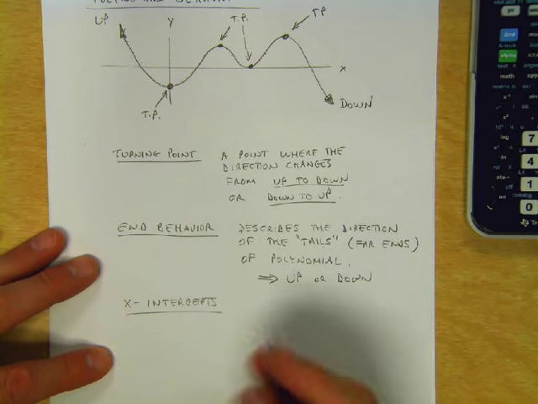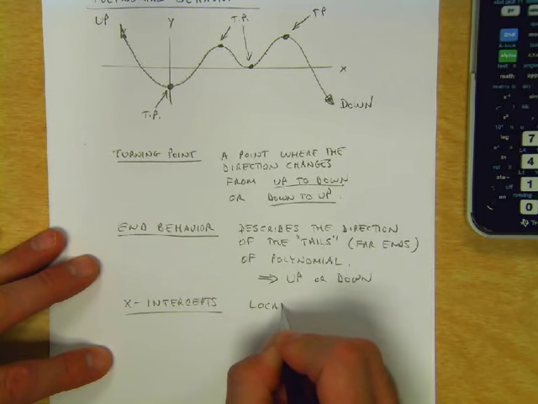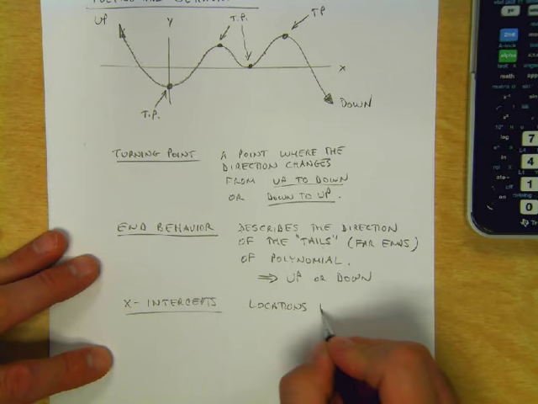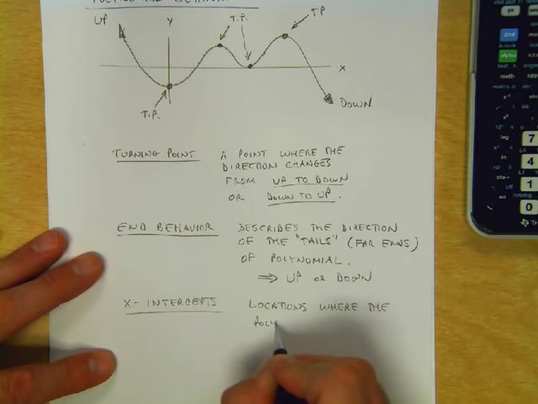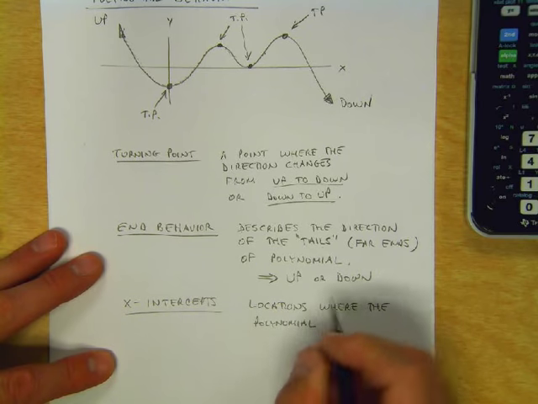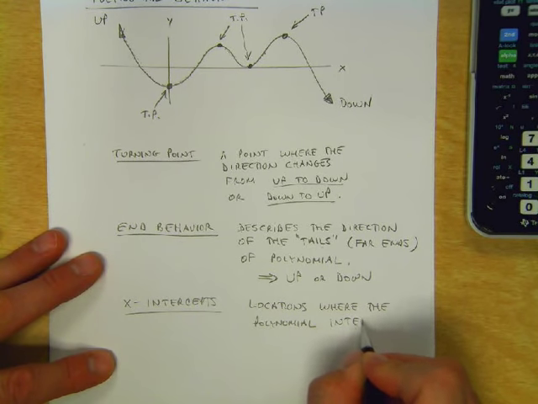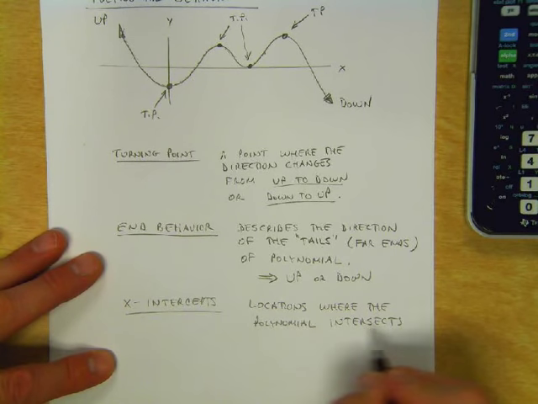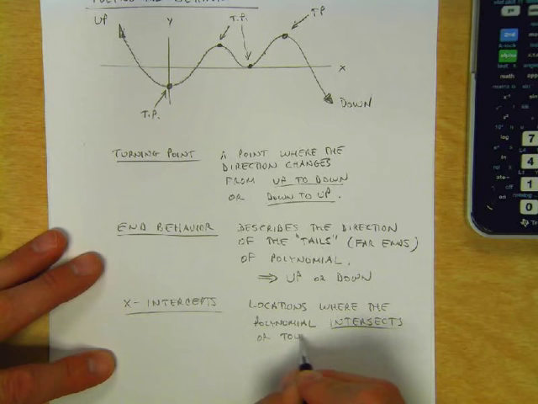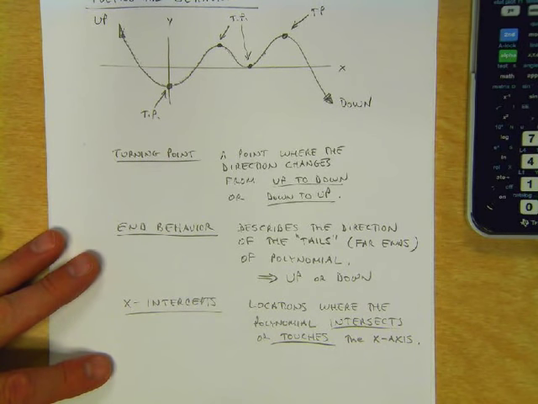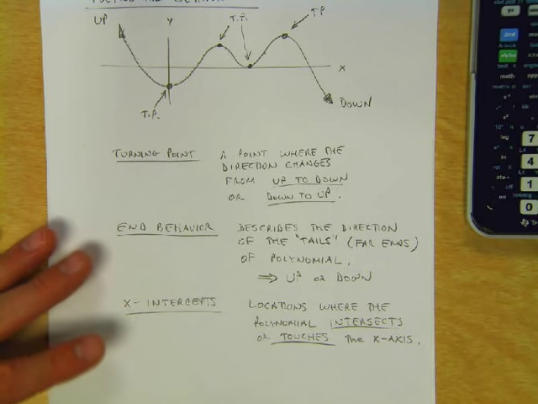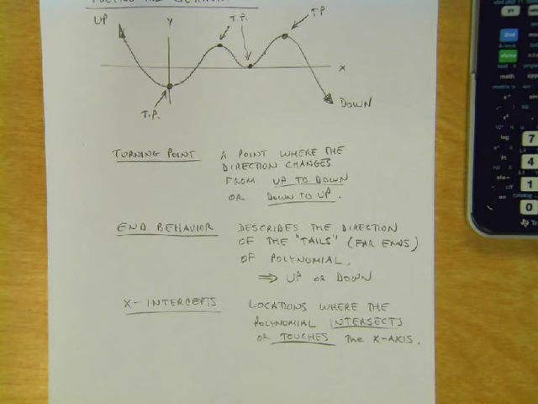And x-intercepts are locations where the polynomial intersects or touches the x-axis. Okay, so intersect means goes through.